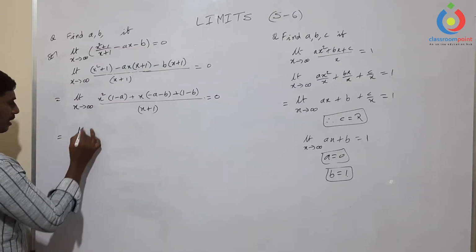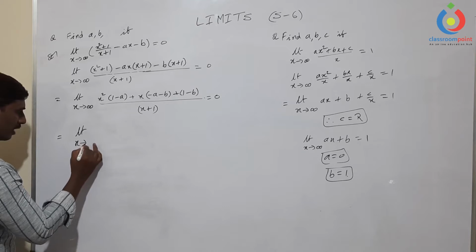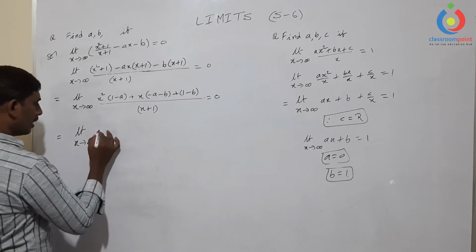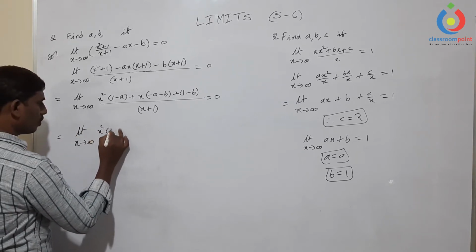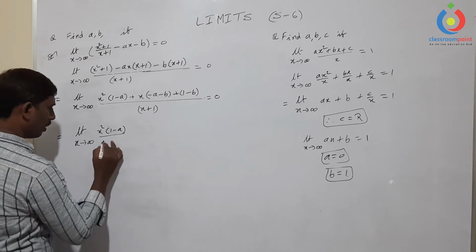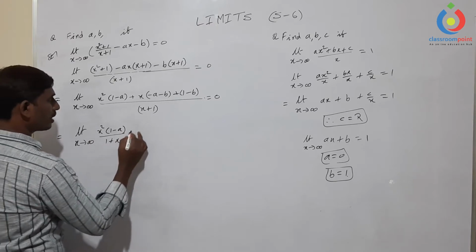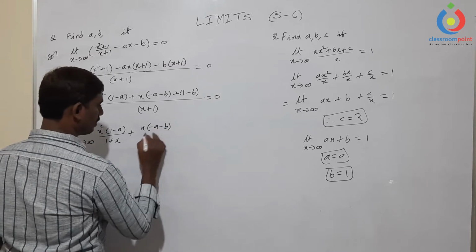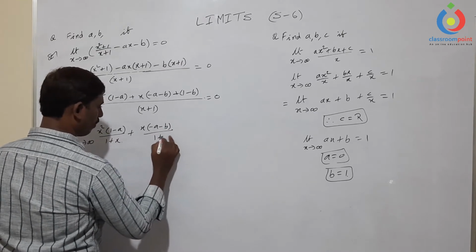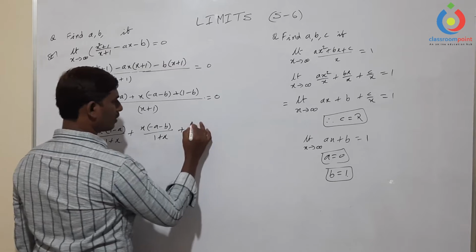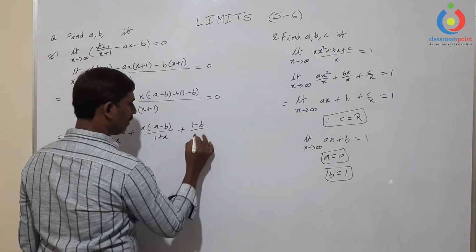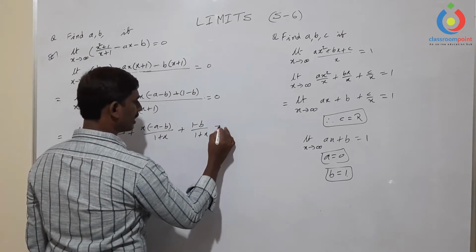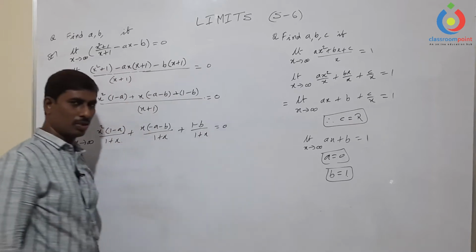So limit x tends to infinity, x square into 1 minus a whole divided by 1 plus x, plus x into minus a minus b whole divided by 1 plus x, plus 1 minus b whole divided by 1 plus x, which is equal to 0.